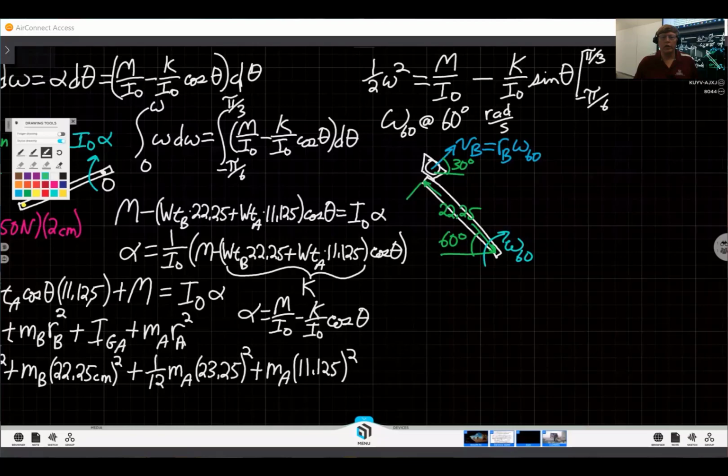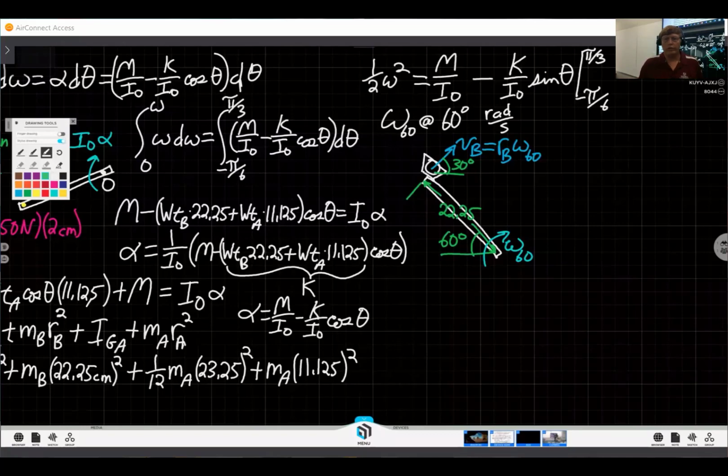I wanted to know what the angular velocity is at my angle that I launch. So I set up my limits for the angular displacement to where it started, the minus 30 degrees, to the 60 degrees.